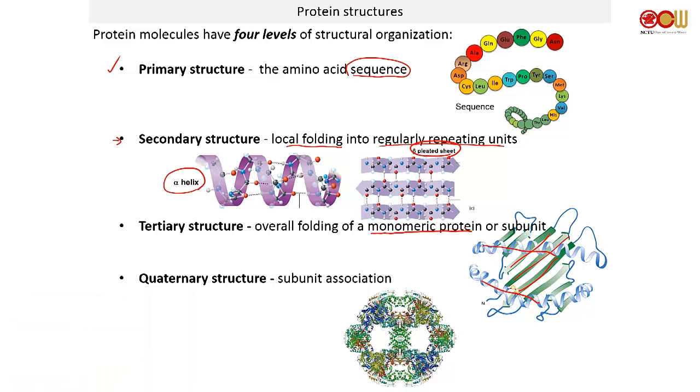For example, in this large picture, you have the blue, the green, and the red, all coming together to form a macro structure. That is the quaternary structure. So primary, secondary, tertiary, quaternary. At the undergrad level in biochemistry, we primarily focus on primary and secondary.